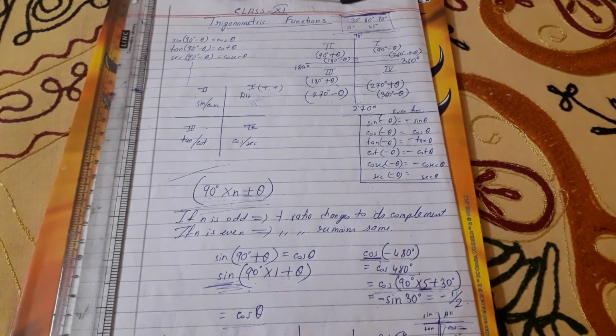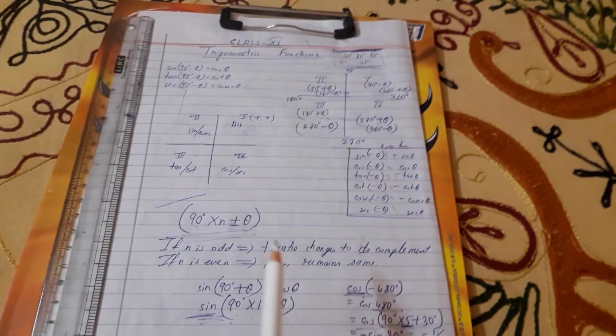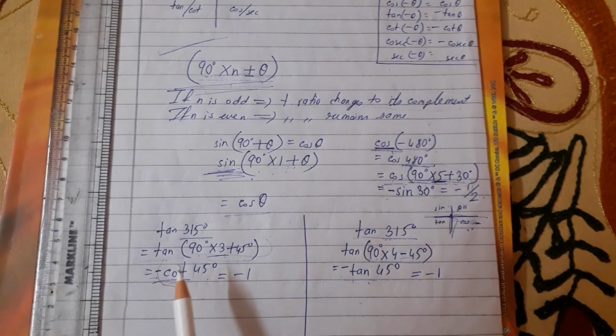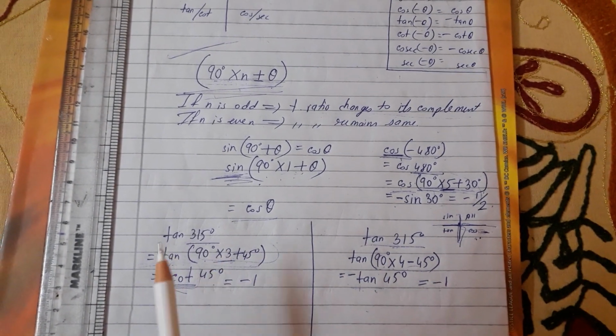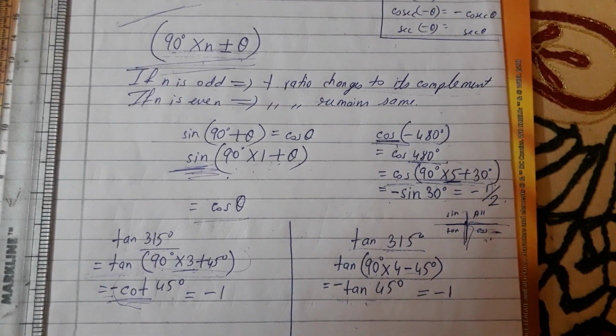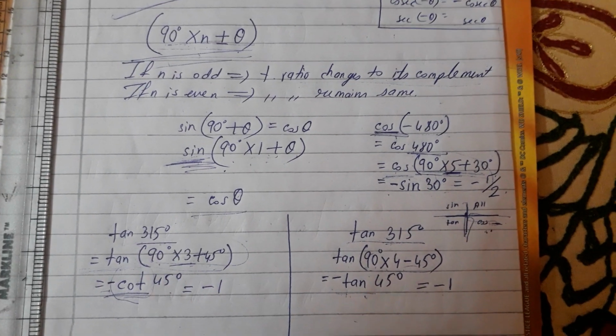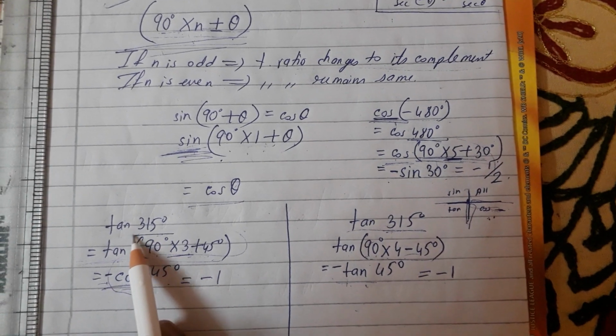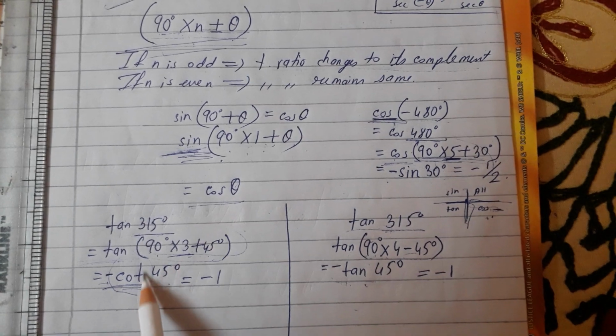In the previous video I have already told you about trigonometric functions and how to solve this type of sums. Again I am telling you, you have to follow only 3 steps. The first step is to expand the angle in this format.